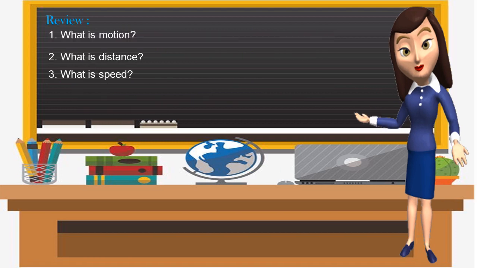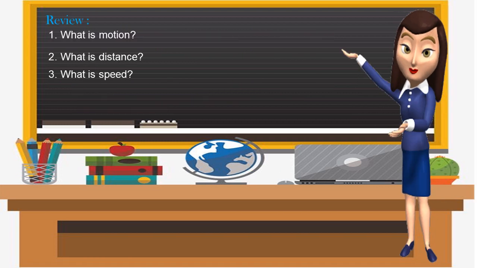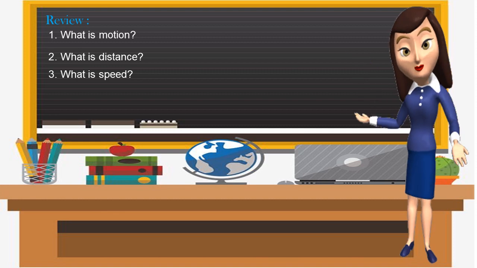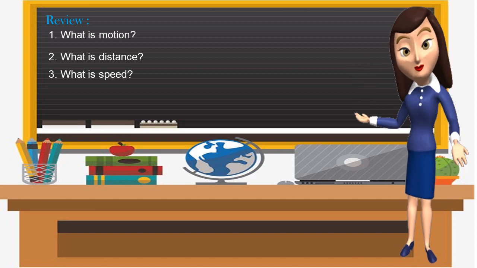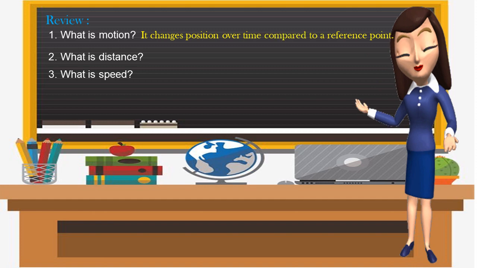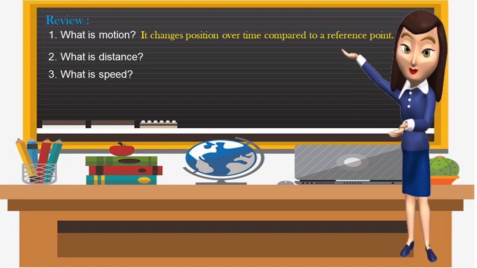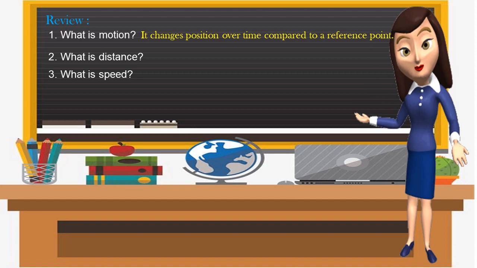We discussed before how we measure motion in terms of distance and time. Do you remember what motion is? Motion is the change of position over time compared to a reference point. What is distance?